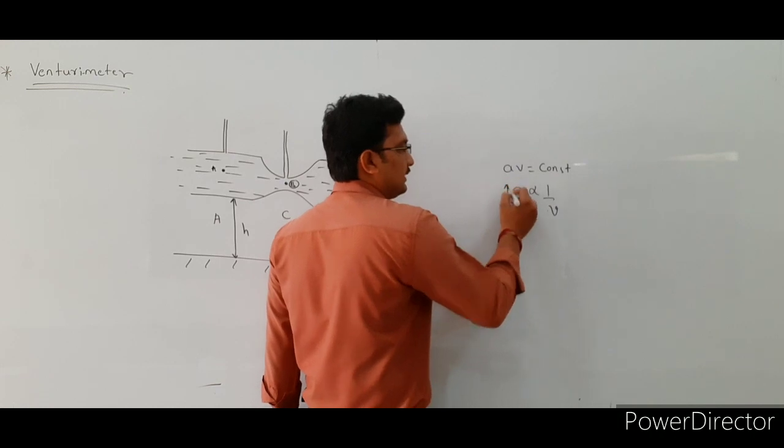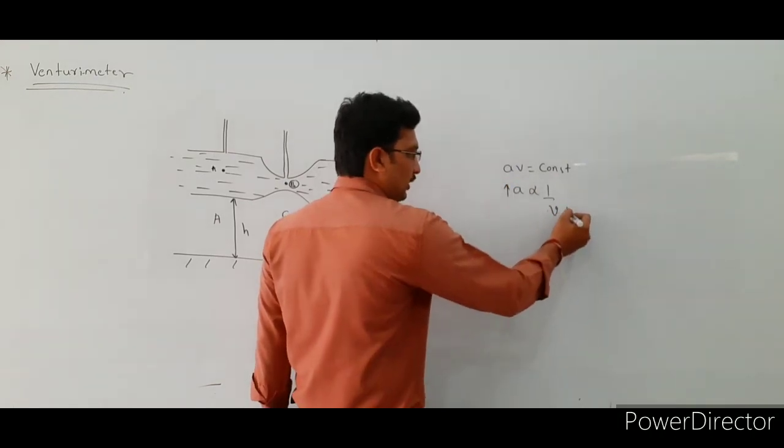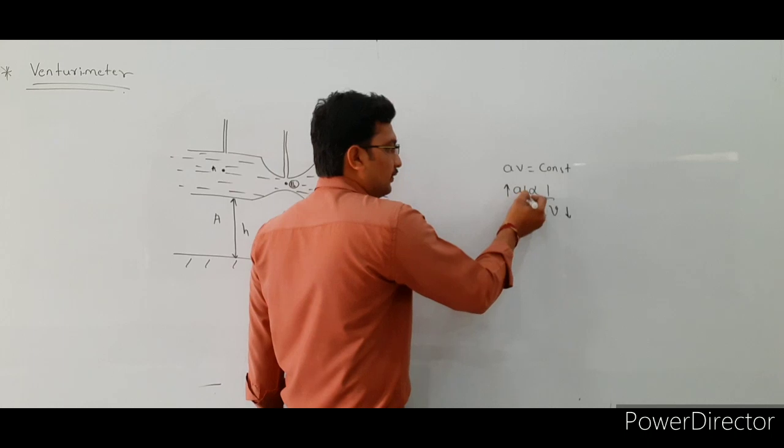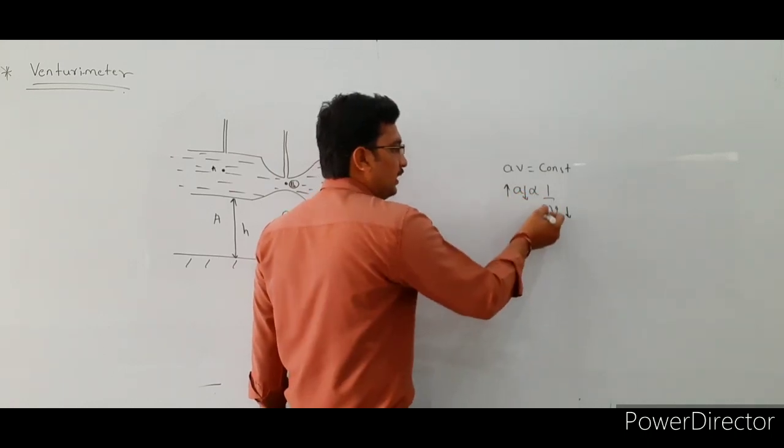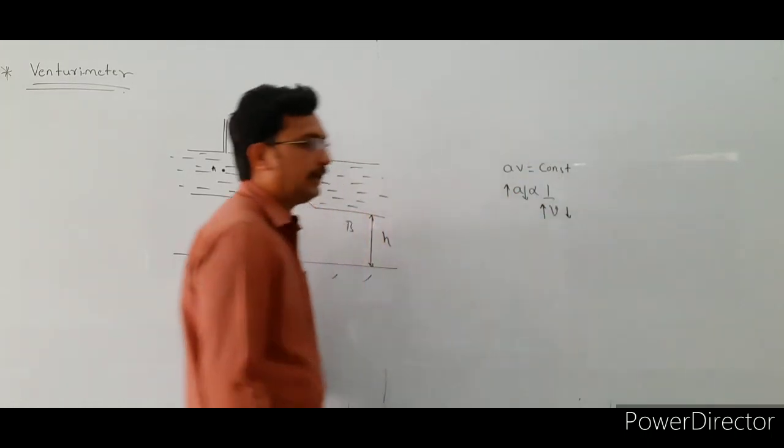If the area increases, the speed of the liquid decreases. If the area of the tube decreases, the speed of the liquid increases.